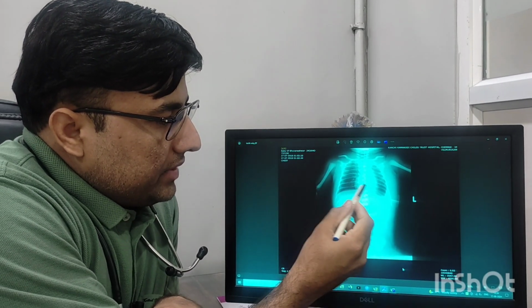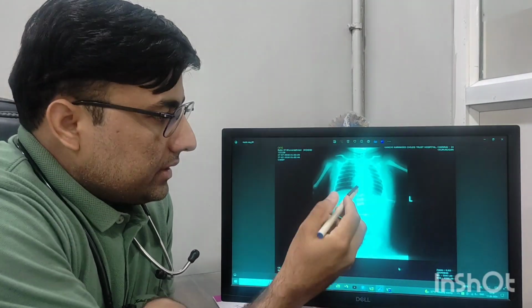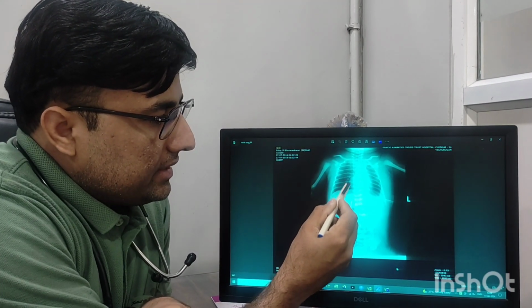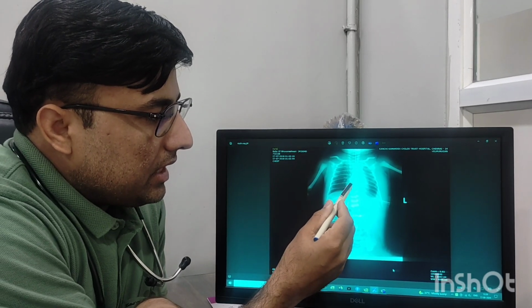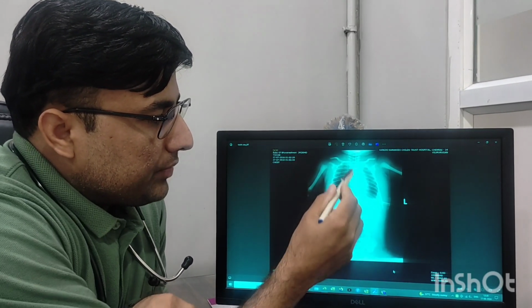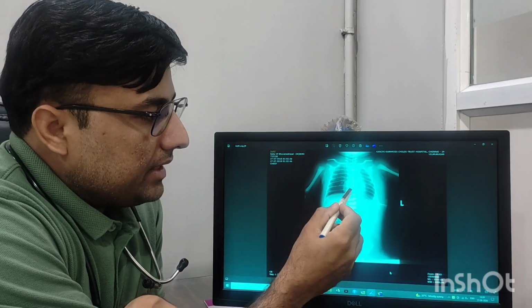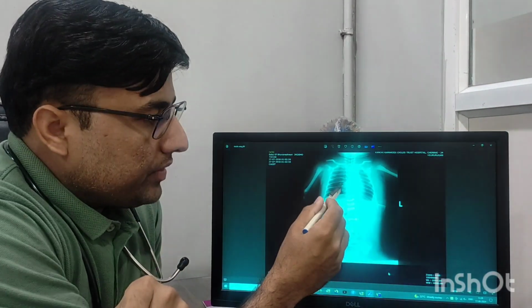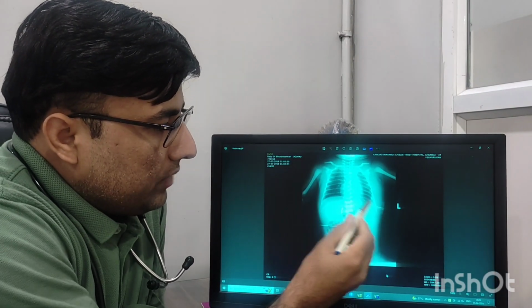If pericardial effusion is there, sometimes this cardiophrenic angle also can be obliterated. Or if any opacity is there, homogeneous or any localized opacity, at that time also this angle can be obliterated. Or in RDS picture, if white out lungs are there, in that also this cardiac silhouette sign can disappear.